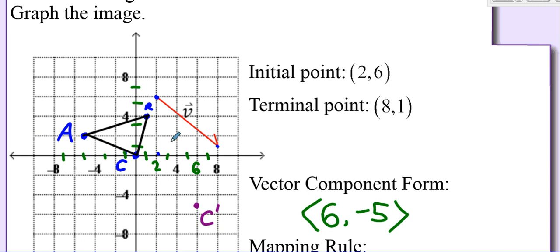Same thing with A: 6 to the right and down 5, and you label it A prime.